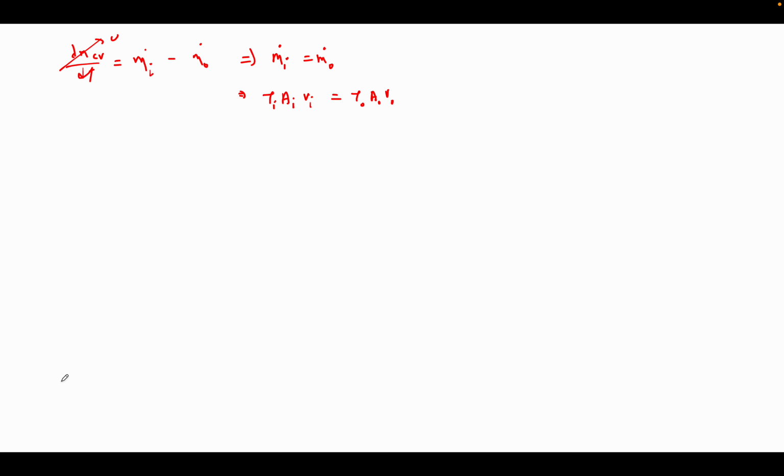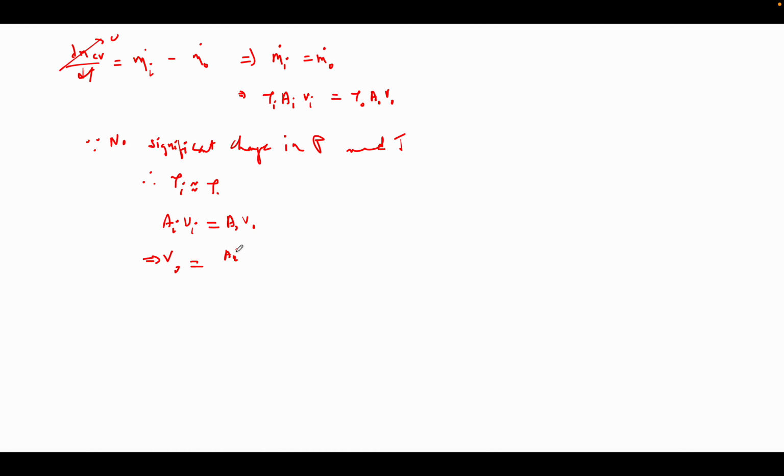I don't know the densities, but since there is no significant change in P and T, rho i is approximately equal to rho naught. So this reduces the mass conservation equation to Ai Vi equal to Ao Vo. From here Vo will be equal to Ai by Ao times Vi.